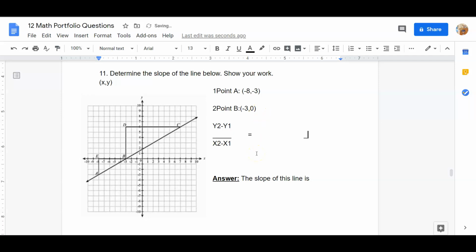What's the y coordinate that we have in the second coordinate pair? Because it's y2. So take the number that represents y, that second number in the second pair, and you should find that number is 0.